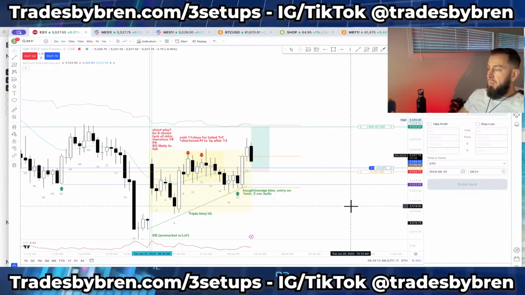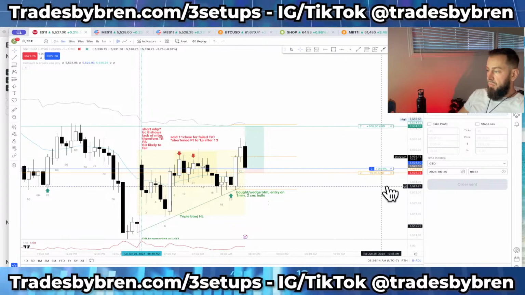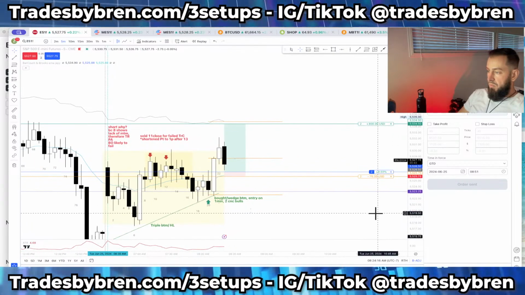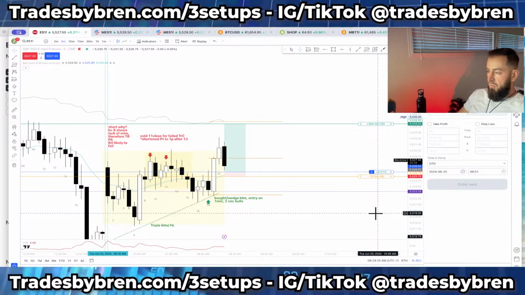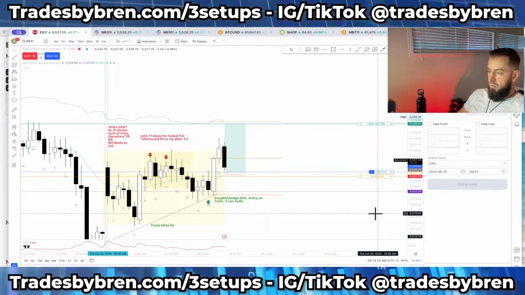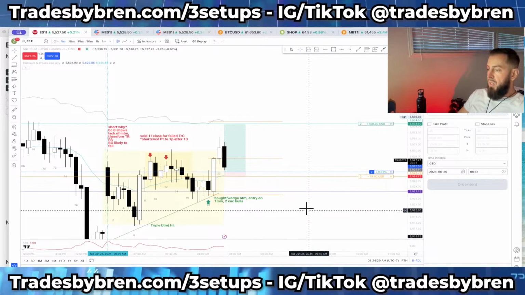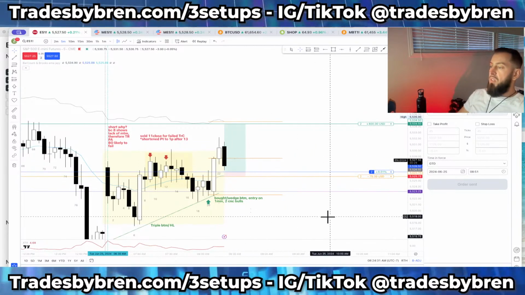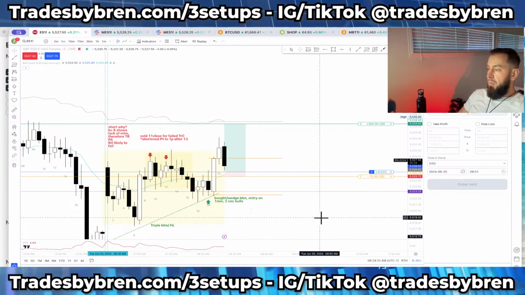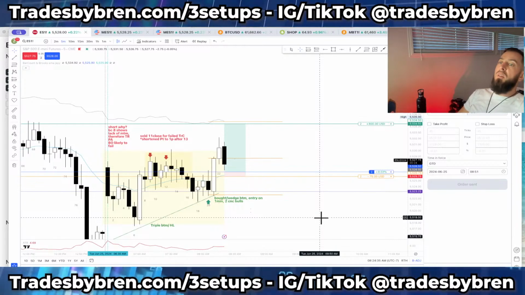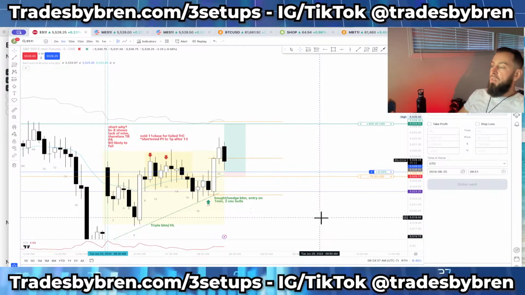Bears gaining momentum. Usually when this starts to happen, you don't see a strong bounce. When the bears start gaining momentum, you usually don't see a strong bounce. Well, let's see. Not gonna overthink it.